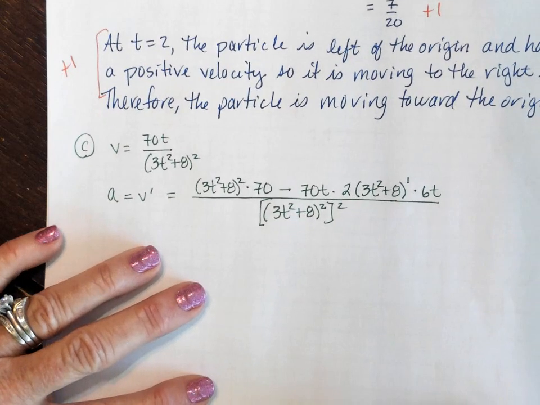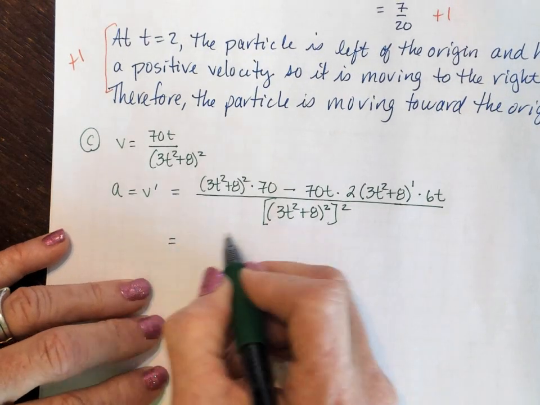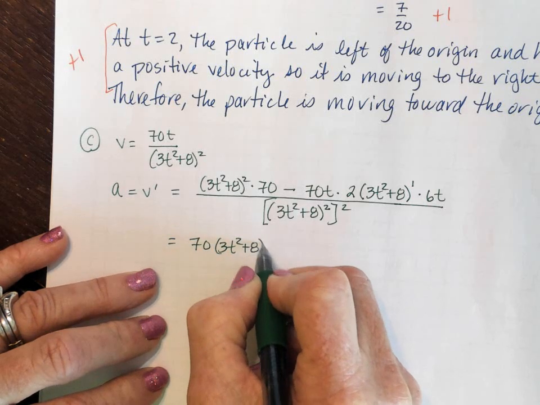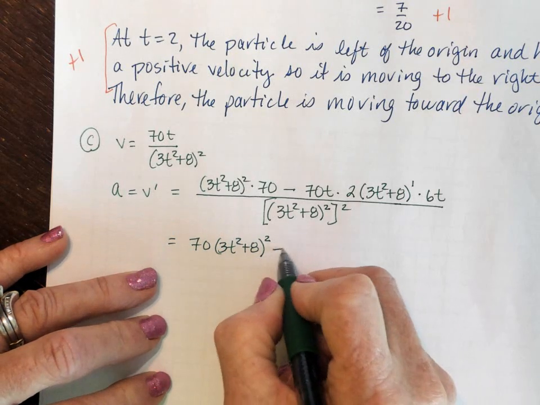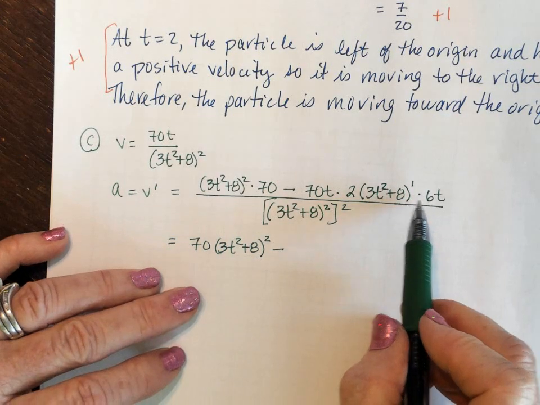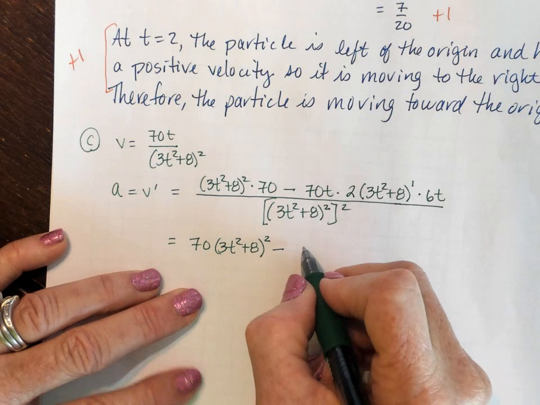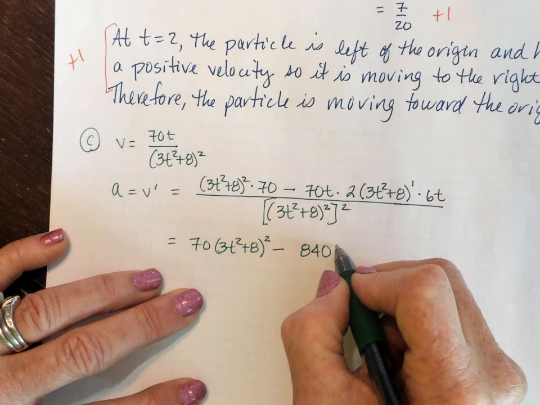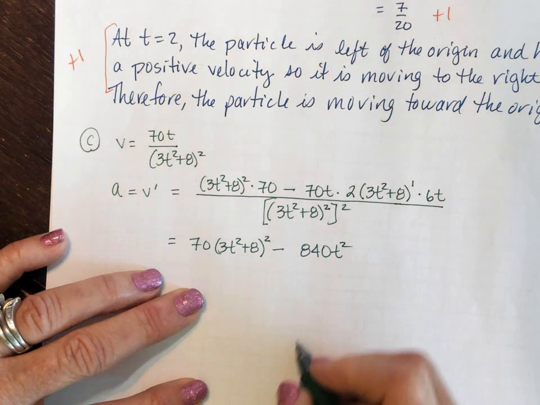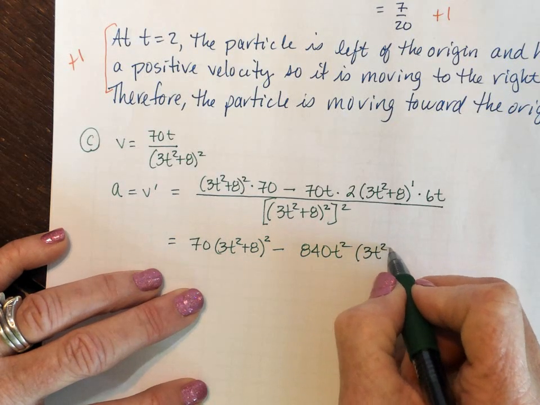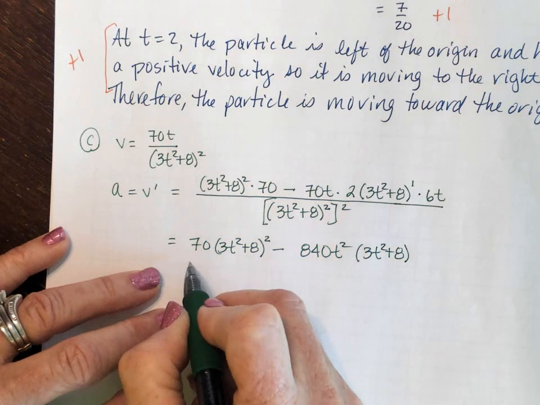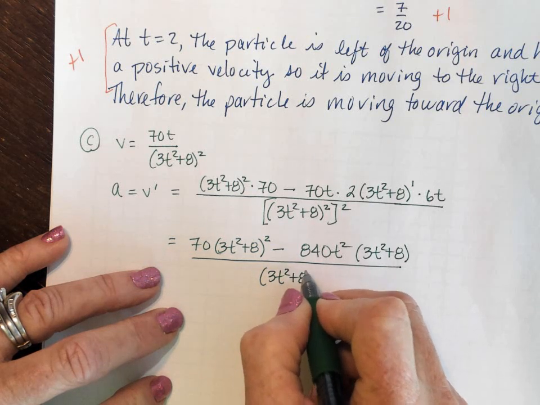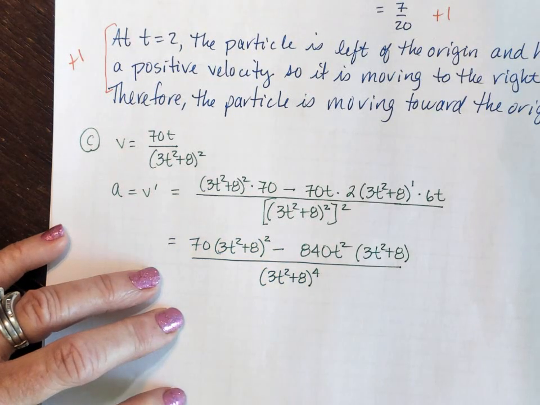Okay, let's clean this up. 70 times 3t squared plus 8 squared minus, okay, 6 times 2 is 12, times 7 is 84, 0, so 840t squared, and then a 3t squared plus 8 to the first, and on the bottom we have a 3t squared plus 8 to the fourth.